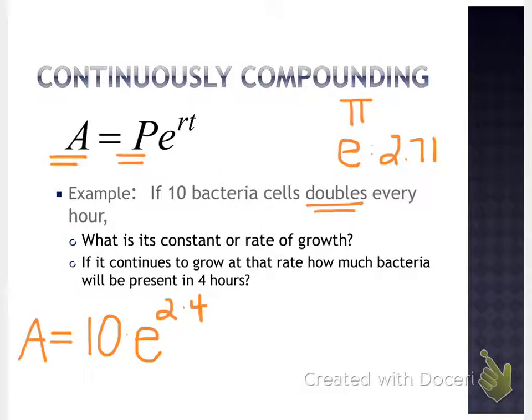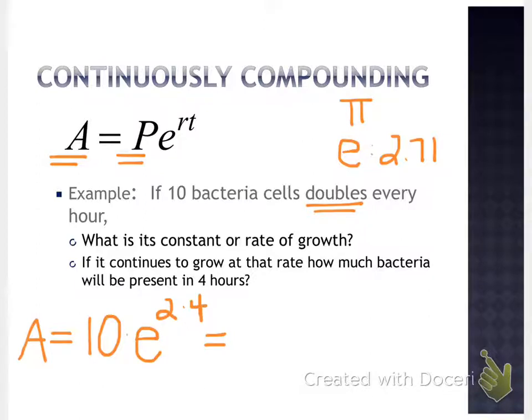Okay, so this is going to be a very large number. When I plug this into my calculator, I'm going to do 10 times E. Now, I don't want you to use the alpha button. The button you're going to use is second, and then the ln. Right above that ln, you should see e to the x. So by hitting second, we're going to choose e to the x.